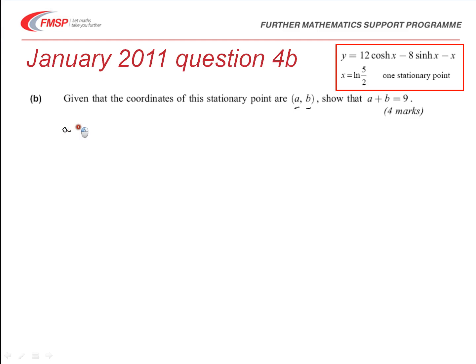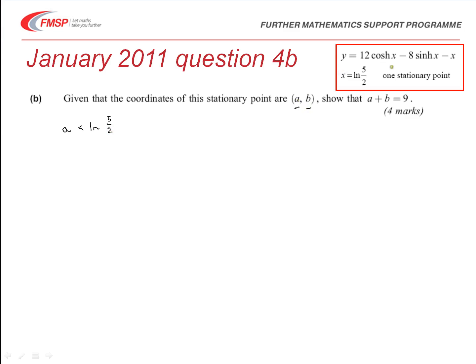We know that a, the x value, is ln of 5 over 2. So what we've got to do is then find the value of b, or at least an expression that involves it.